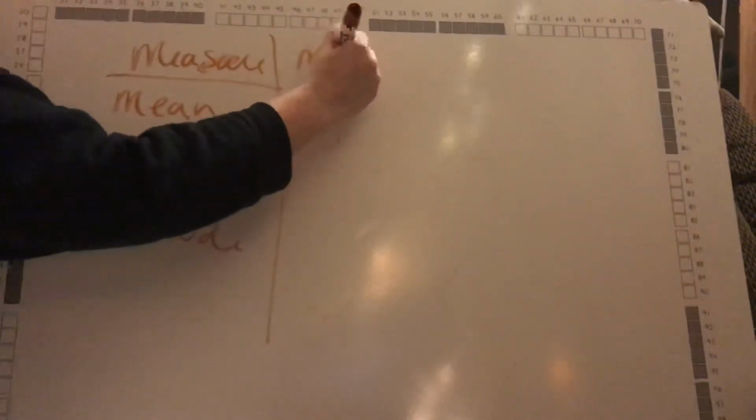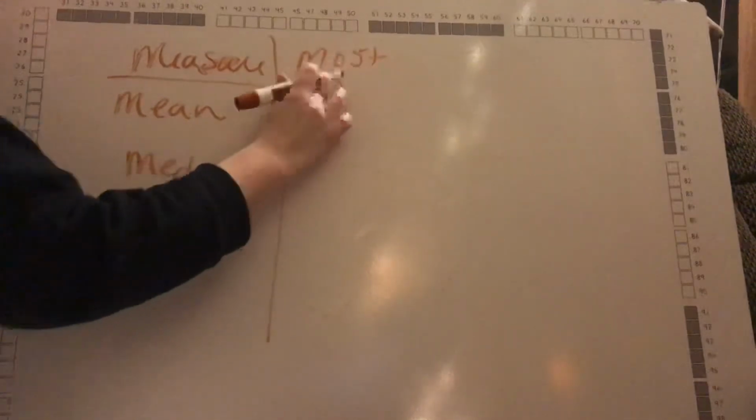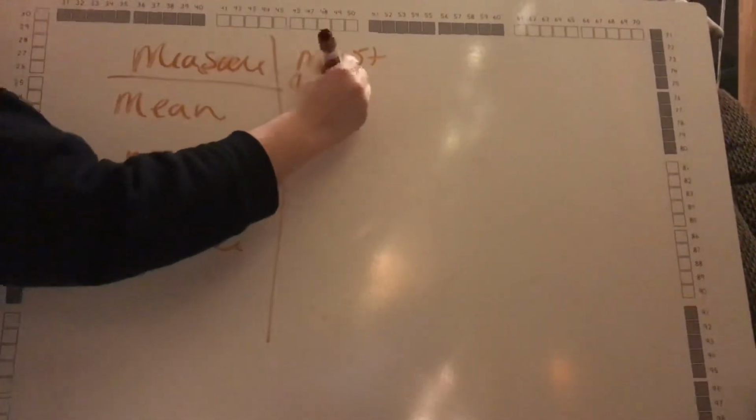So first it gives you the measure, and that's not how you spell measure. So we have mean, we have median, and we have mode. Mean is most useful, my spelling is not good.